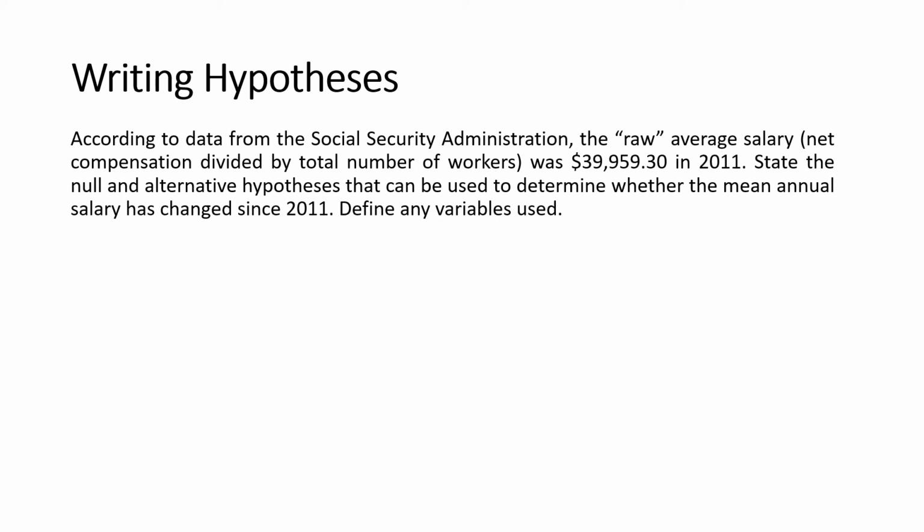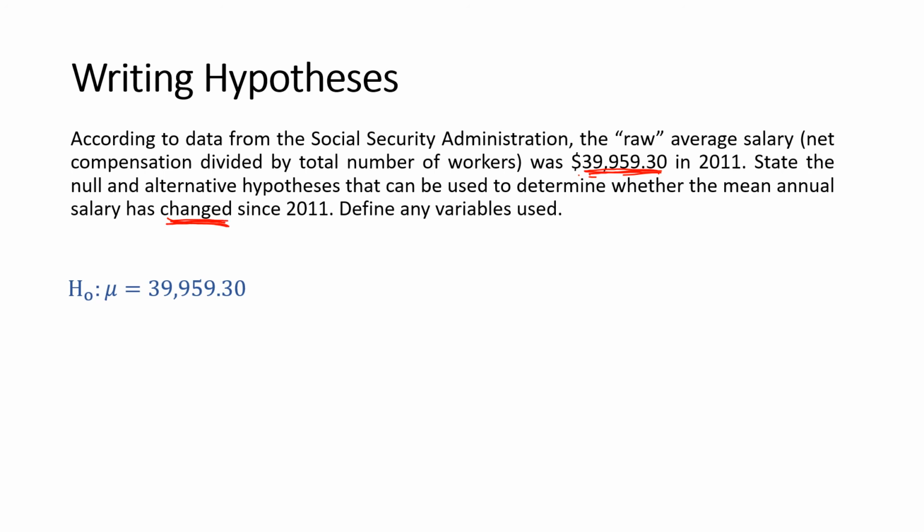All right, so our null hypothesis is our original claim, whatever was previously known or thought to be true. Well, back in 2011, we know that the average salary was $39,959.30. So our null hypothesis is that the mean now is the same as what it used to be. But we're trying to see if it has changed.